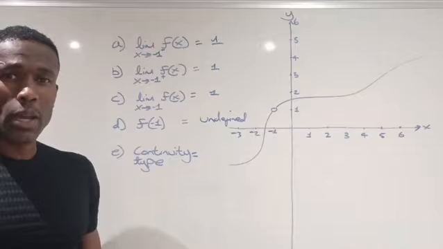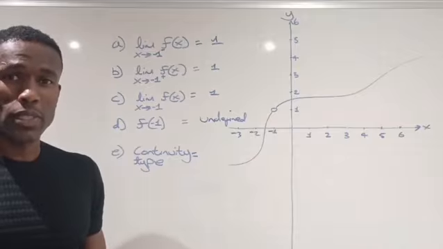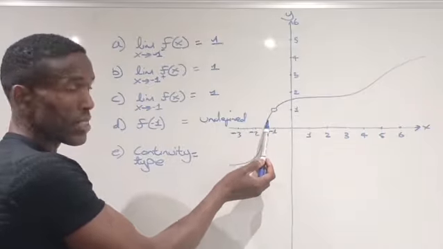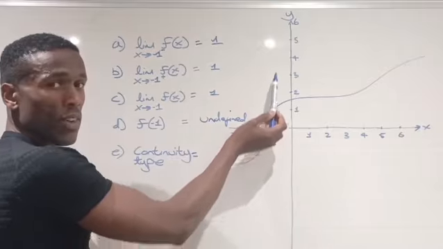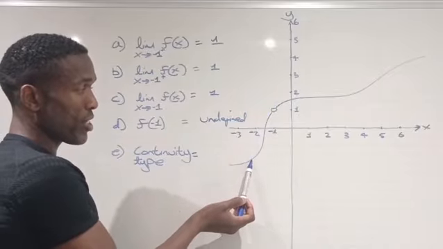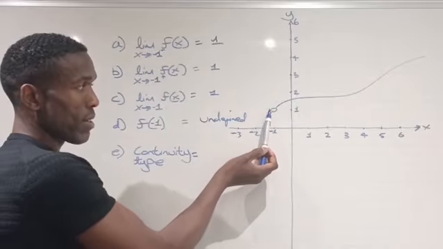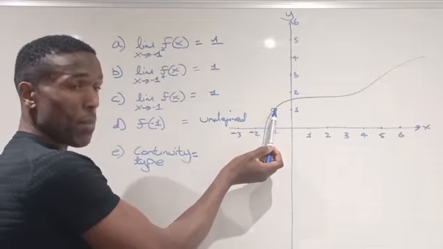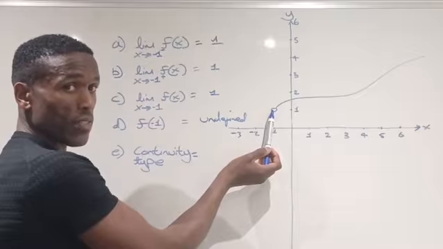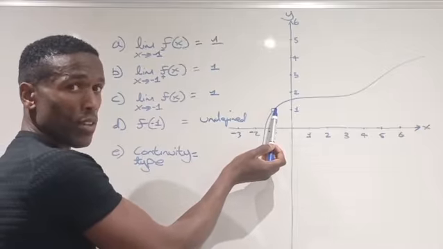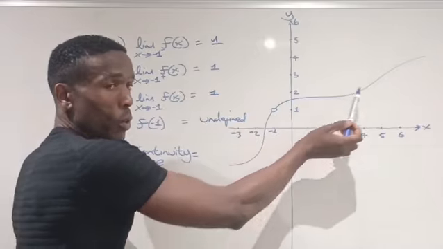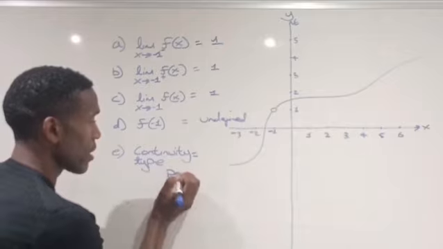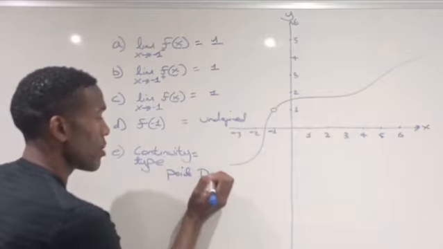And the continuity type is actually called a point discontinuity, because there are no jumps in either value. As the limit approaches from the left, you'll see the value is 1, and at that point, the function is not defined, and then it continues from 1 all the way out. Hence why this is called a point discontinuity.